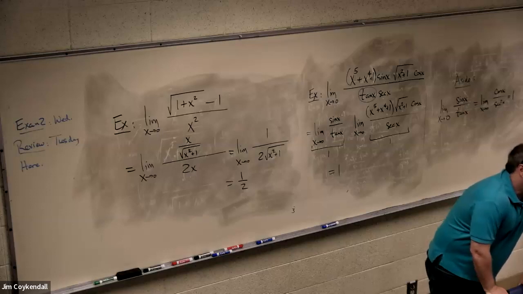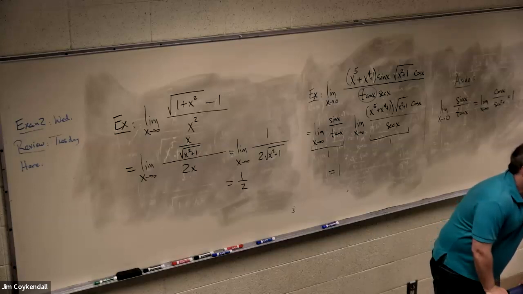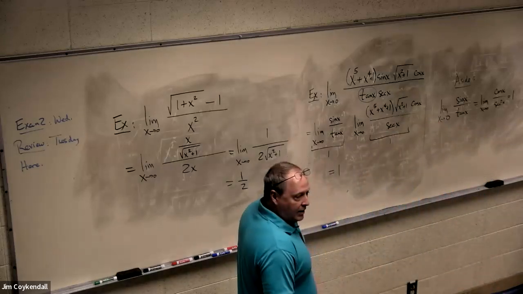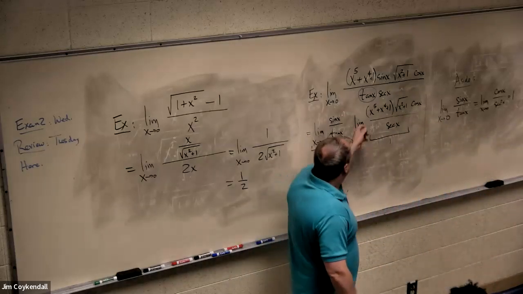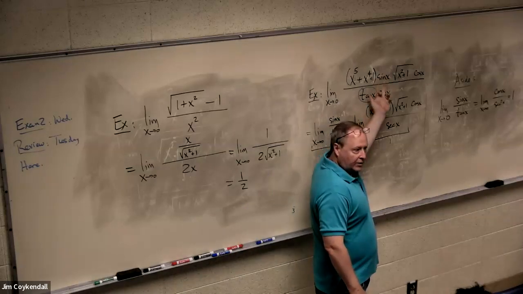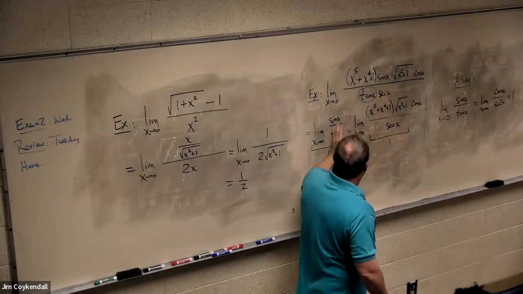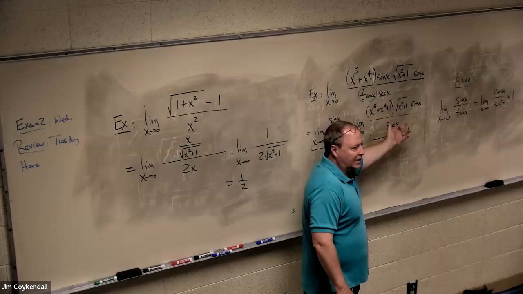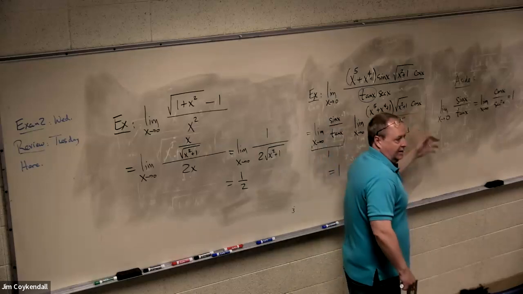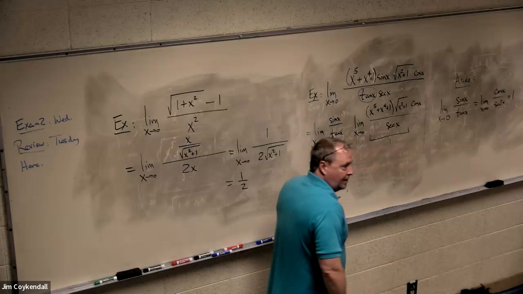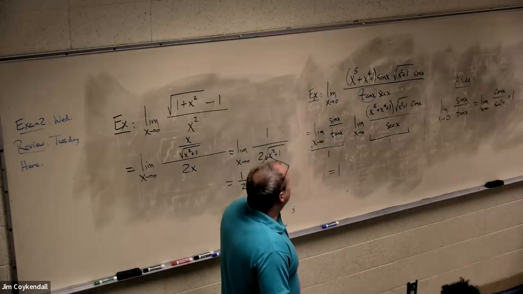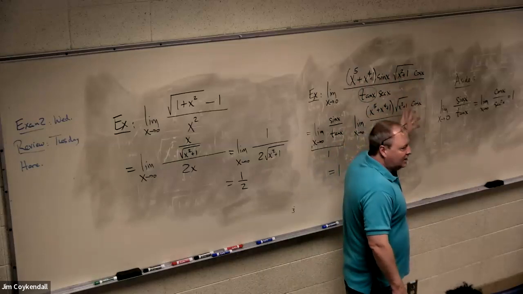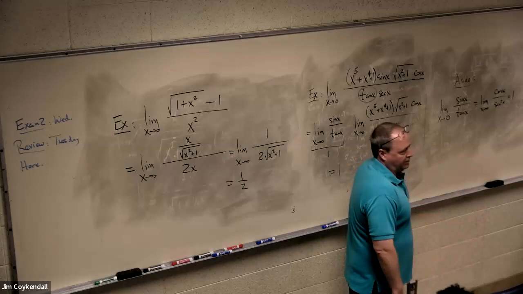So secant of 0 is also 1, and then squared, still 1. The moral of the story is I took out all the pieces that aren't causing the 0 over 0. These ones don't contribute to the badness of the limit because you're getting numbers out of them. So the point is, you could do L'Hopital straight up, the derivative of this, and you can get the right answer, but that's a mess.